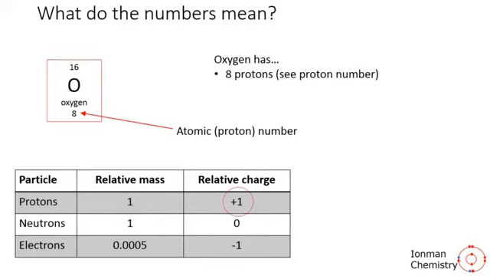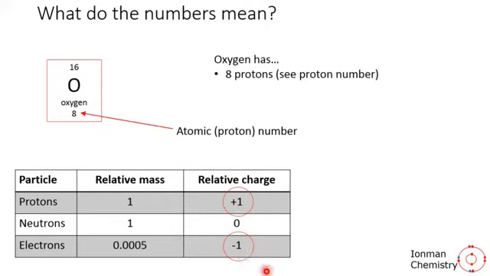So protons have a charge of +1, and if oxygen has 8 protons, then at the moment oxygen has a charge of +8 based on what we know. It's got 8 protons, so it's +8. But every atom has no charge overall. So if oxygen has a charge of +8 from the protons, it also needs a charge of -8 from the electrons.